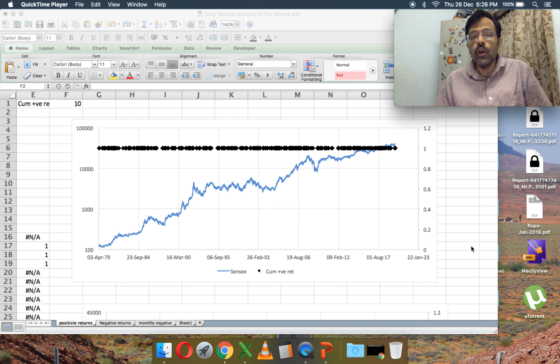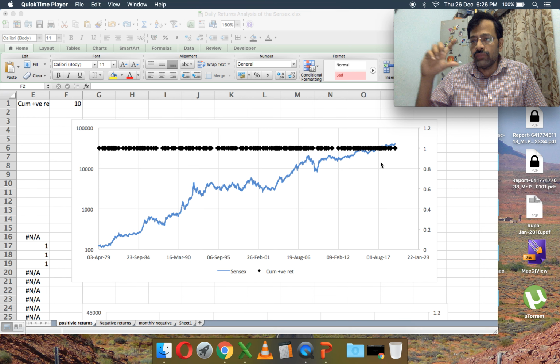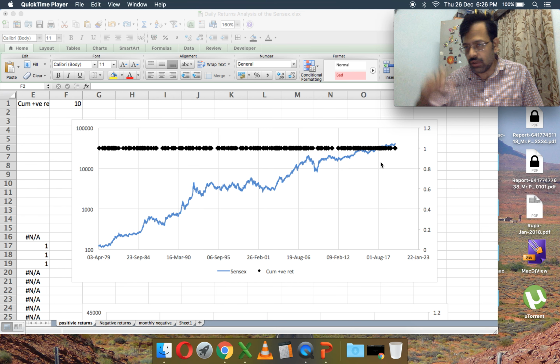Let's get into it. What I've shown here in the blue line is the Sensex in log scale, and the dots tell you, from April 1979, I've considered 14-day intervals, that is 14 business days. I've just rolled that window of 14 business days over, moving it by one day at a time.